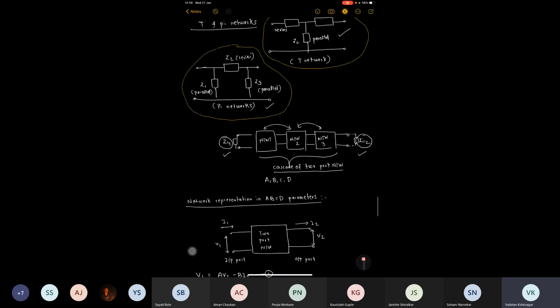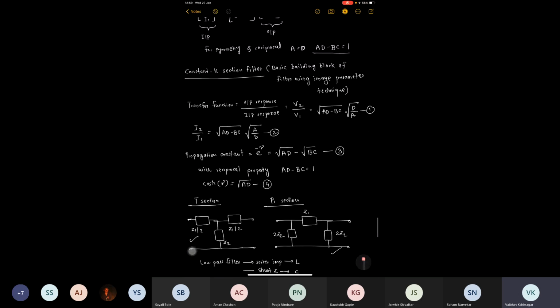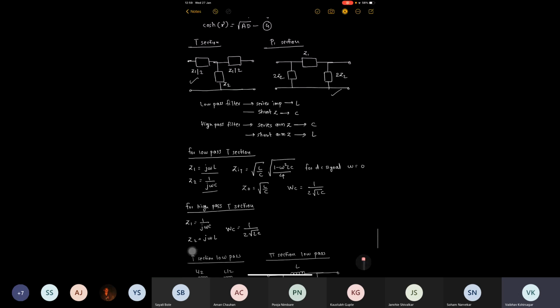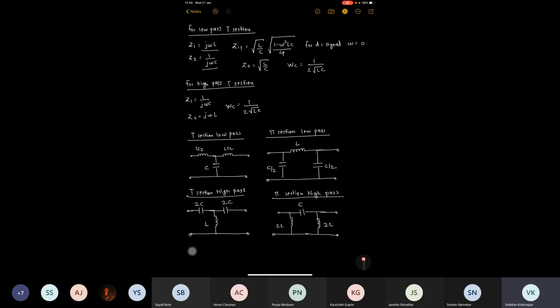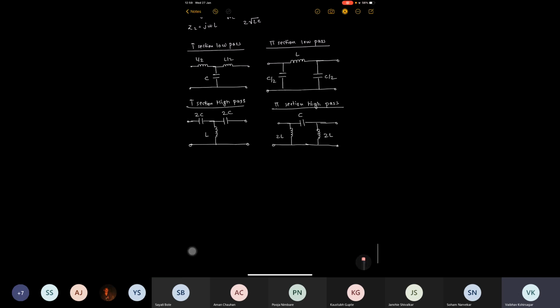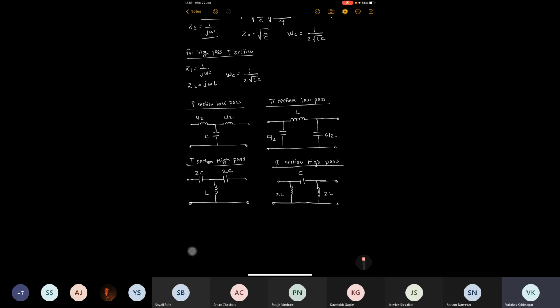Then we saw the constant K section filter prototype as a basic building block. And finally, we took down the filter configuration for the two possible sections, T section and pi section. More about how to design the constant K section basic filter block for the image parameter technique we will cover in our next week's lecture.